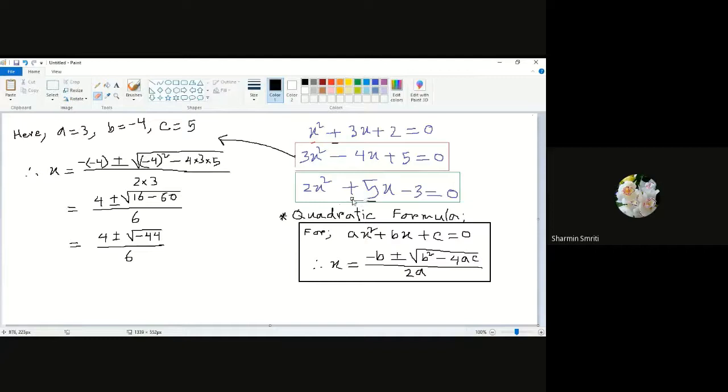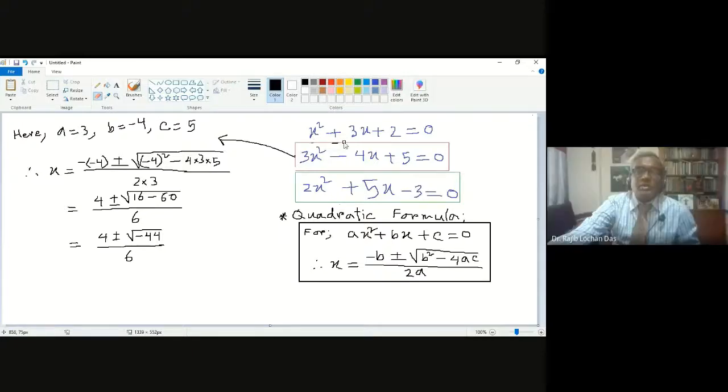Convert to minus on the root 44. What is the answer you are getting? Tell me again. The network is not very good, so tell me again.